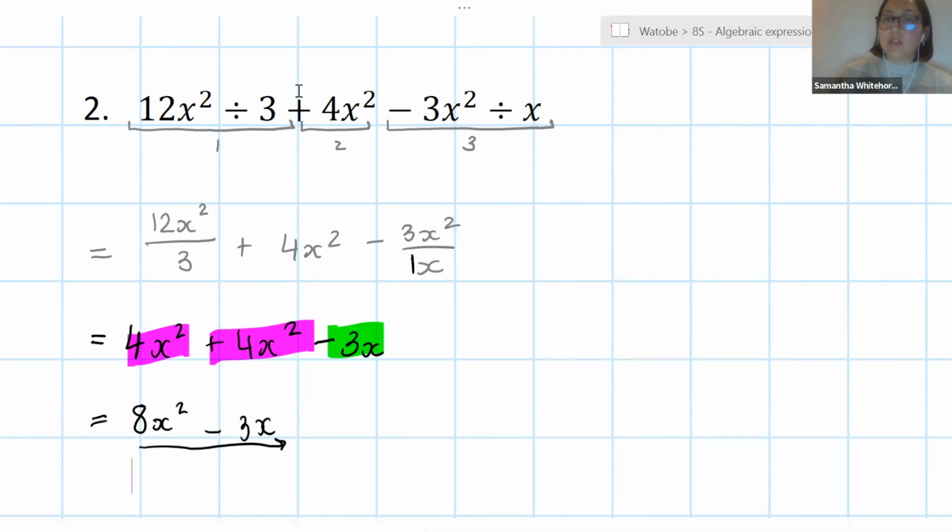So that's really important. They're not like terms, so I can't actually do anything further than that. Right, so if you got that right, well done. If you didn't get that right, well done. Do your corrections and then ask me if you have a question or if you're confused about anything that we've done here.